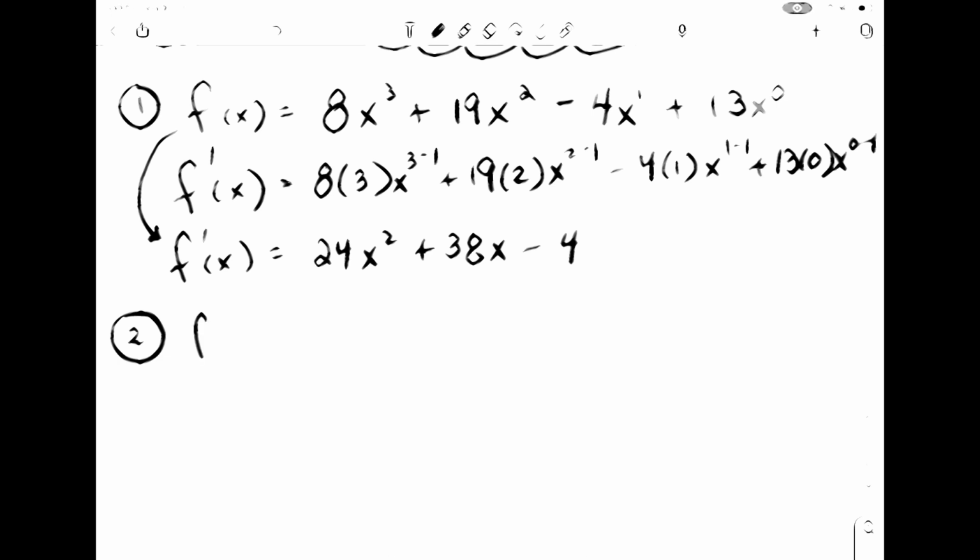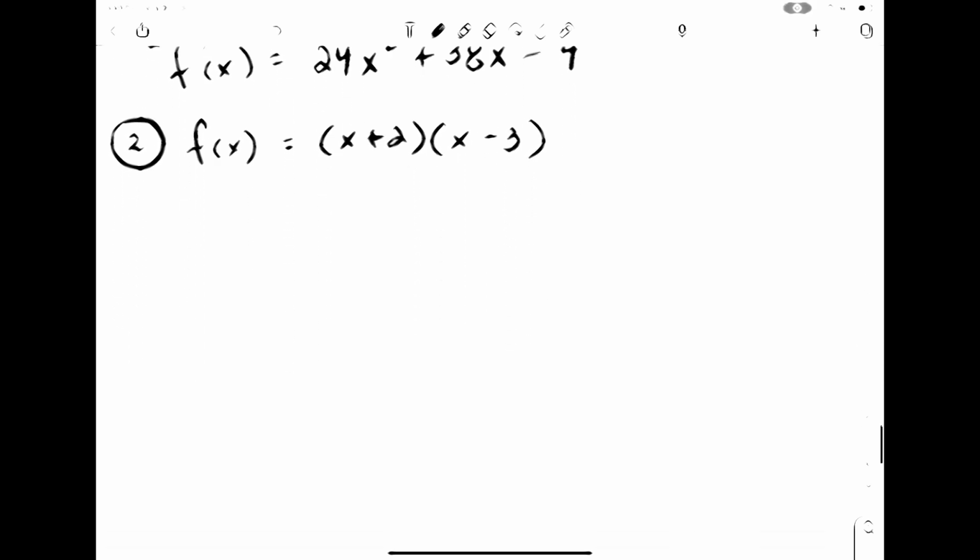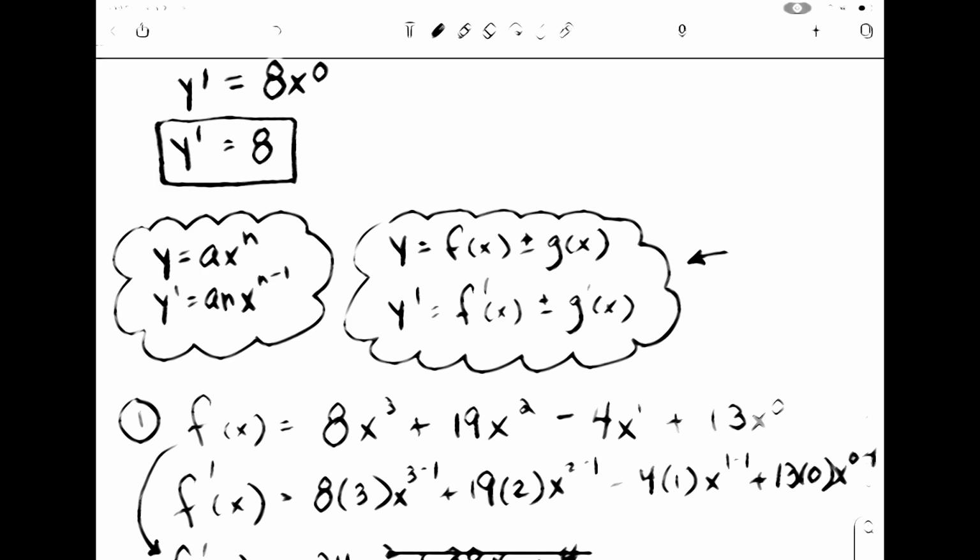What if you have something like f of x equals x plus 2 times x minus 3? We don't yet have a rule for finding the derivative of something times something. All we have is a rule for the derivative of a polynomial. So what we want to do is put it in derivative-friendly form, so then we can apply a combination of these two rules.